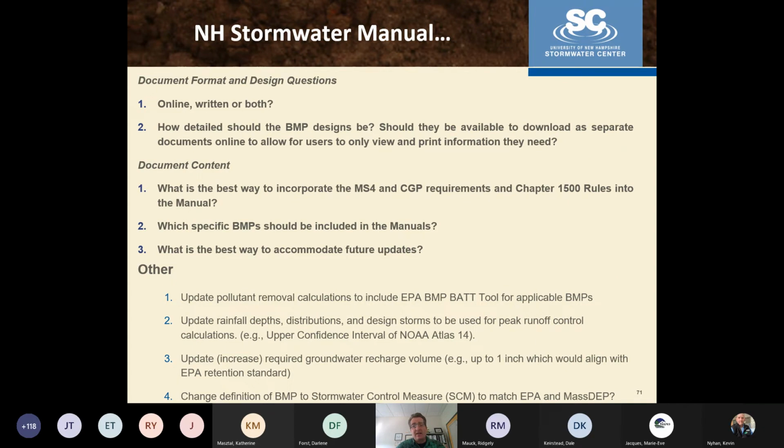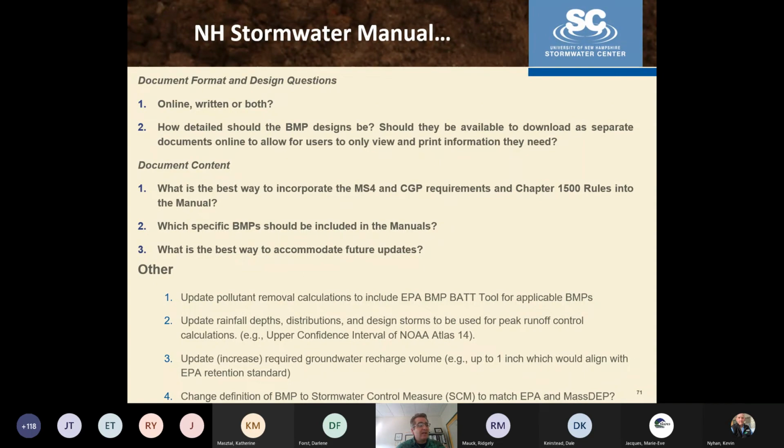And we're going to add updated BMPs, such as the ones that I just went over. And we're going to look at other things, such as what do we use for rainfall? What do we use for climate change projections? How do we incorporate these performance curves that EPA has developed and are included in the BMP accounting and tracking tool?